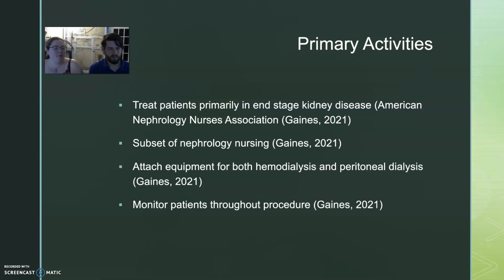Typically, they attach equipment for both hemodialysis and peritoneal dialysis, and they monitor patients throughout the procedure, which includes taking their vitals before and after, and recording anything that could be irregular with the treatment.